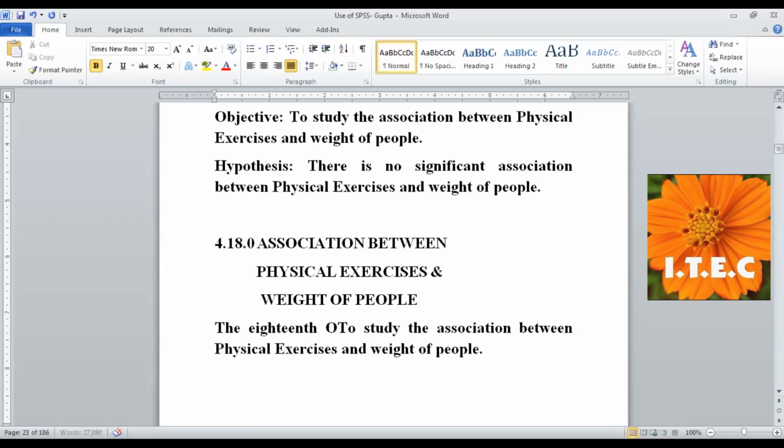The eighteenth objective was to study the association between physical exercises and weight of people.